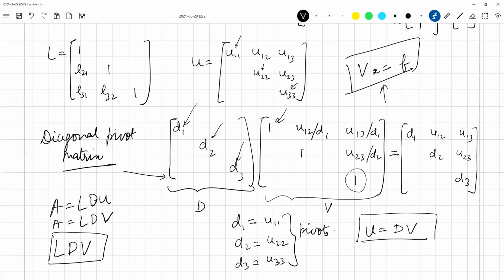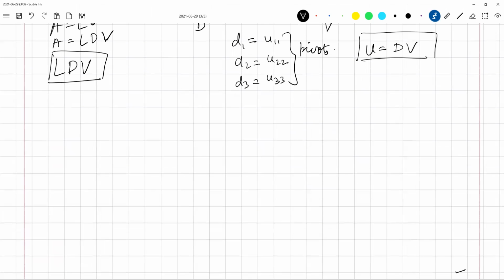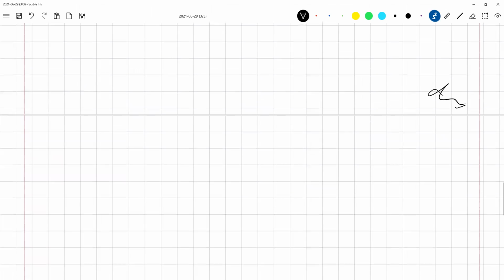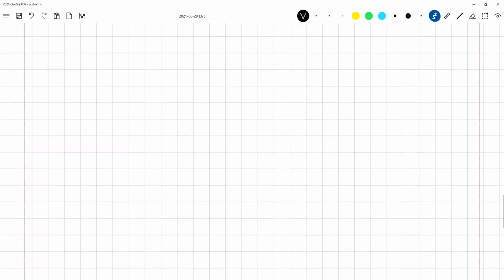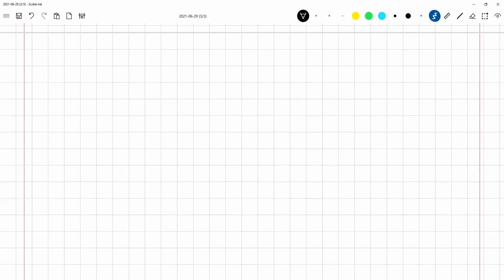Now, let us move on to a different topic, which is row exchanges and permutation matrices.